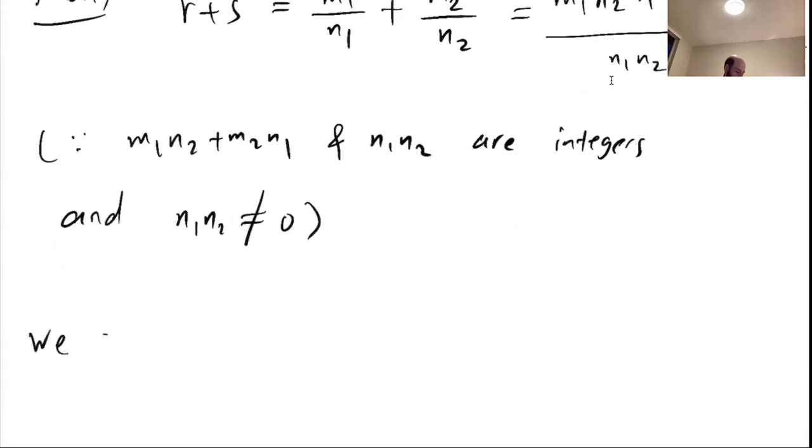So we showed the sum of R in Q and S in Q belongs to Q, is a rational number, as desired.